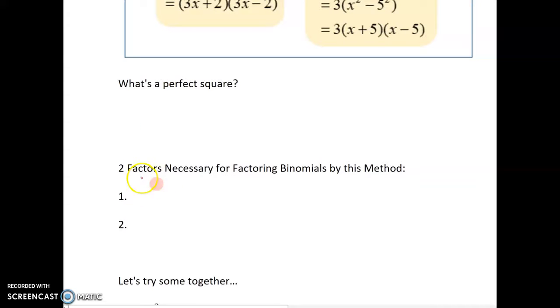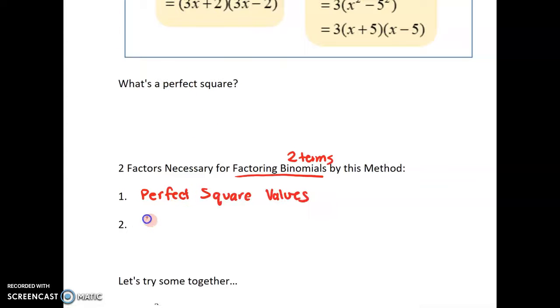So we're just going to write down here the 2 factors necessary for factoring binomials. Binomials mean 2 terms. It is when there are perfect squares and a difference or a subtraction between those perfect square values.